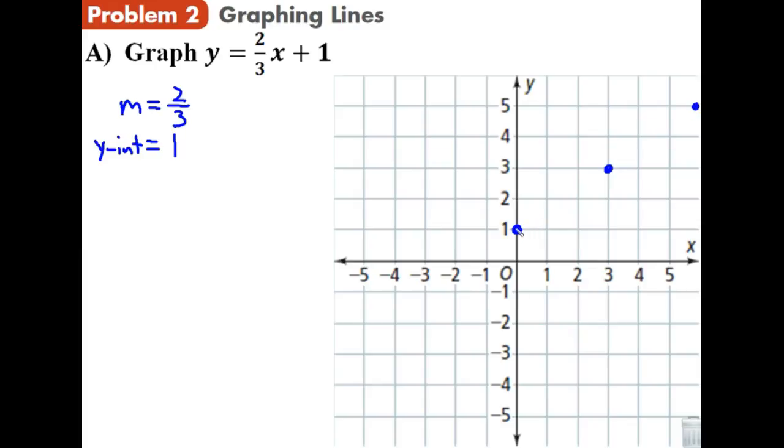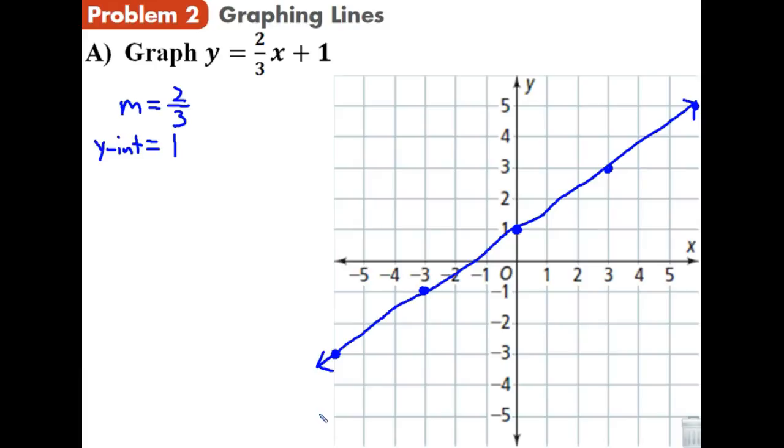And then to finish my line going the other direction, we can do the opposite. This time we'll go down 2, left 3, and down 2 again, left 3 more. All right, connect your dots. Don't forget to put arrows on the end. And there's the graph of this line.